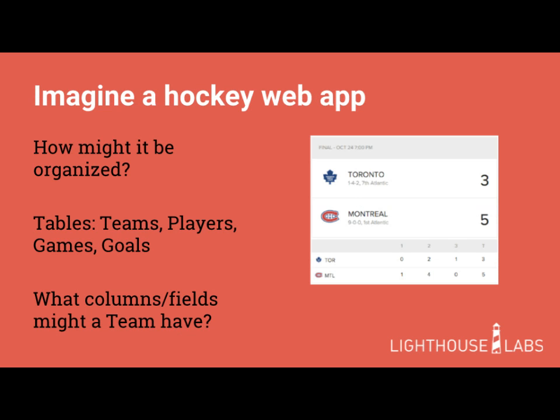Stadium. A team is going to have players, but you store players in a different table. Teams are going to play games. You store those games and the statistics collected in those games in a different table. All sorts of different ways to do it. You might even break it down to logo, all this kind of stuff, right? You're only limited by the space on your hard drive and your imagination.